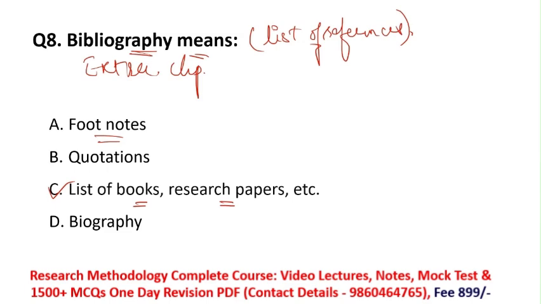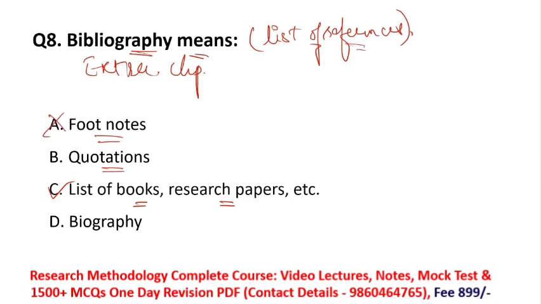You can see on every page, in a particular book or novel, and basically in your research report, there are notes that are indicated in your text with numbers and placed at the bottom of that page. That is known as footnotes. In footnotes they do not mention their references. So this is an incorrect option.